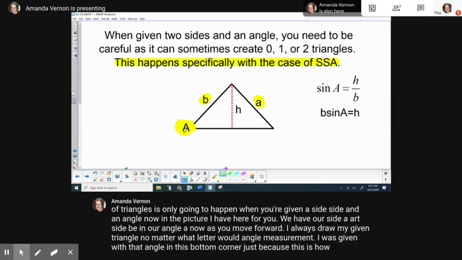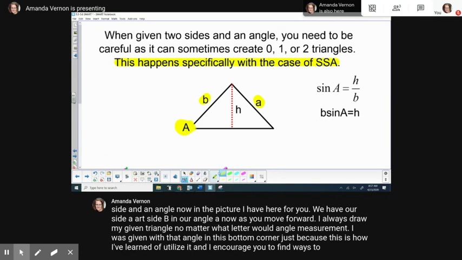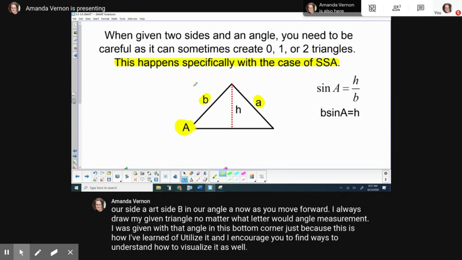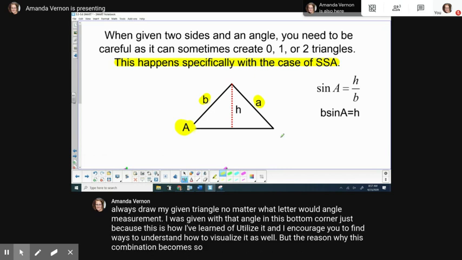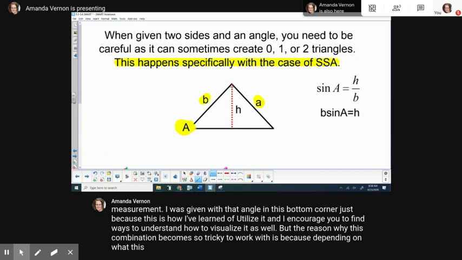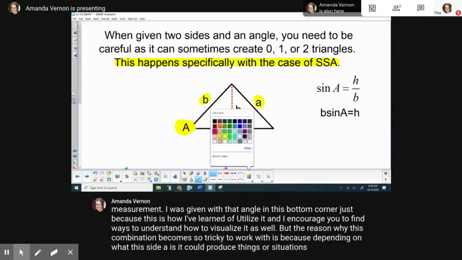I encourage you to find ways to visualize it as well. This combination becomes so tricky to work with because depending on what this side A is, it could produce situations that just don't make as much sense.